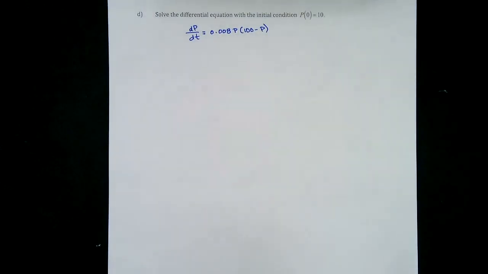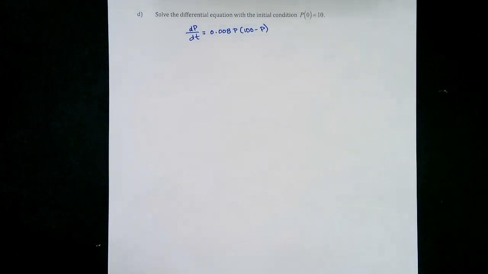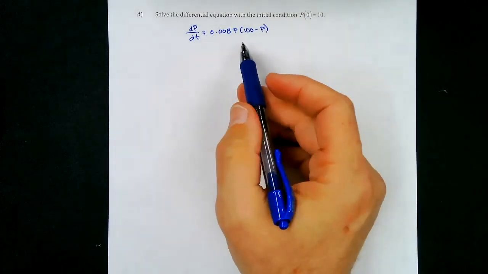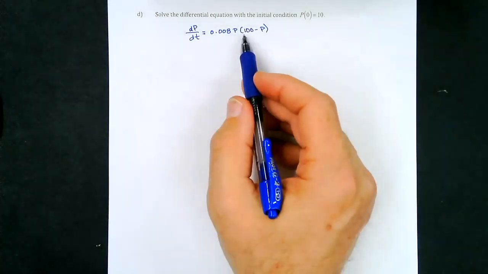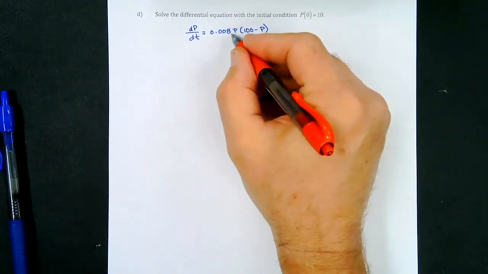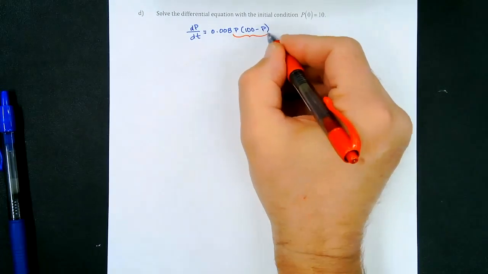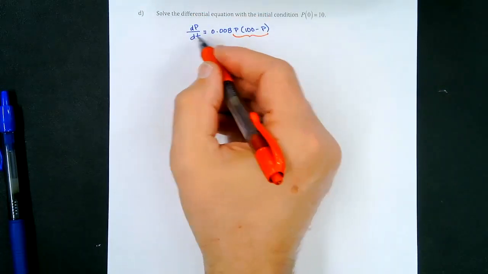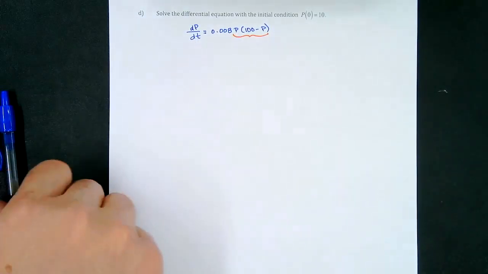We want to get our P's and dP's on one side and our t's and dt's on the other side, right? But we don't really have any t's, we just have P's, right? So what we need to do when we see this is get the P and the 100 minus P over to the other side. So we're going to have to divide by that and multiply both sides by dt.